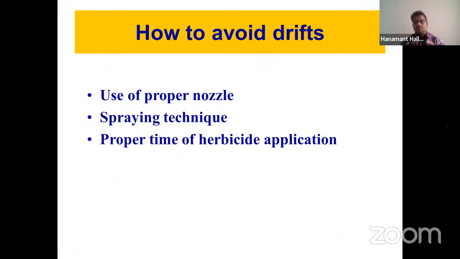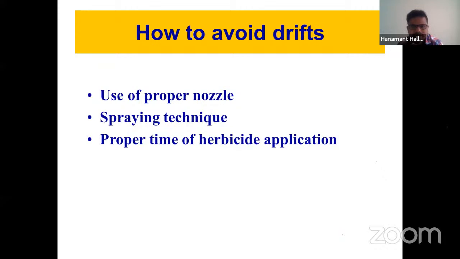Then how to avoid the drift? Drift means that while spraying herbicides, we get the effect of herbicides on some other crops. That is mainly due to the drift effect. Here we are spraying small droplets of herbicides, but because of wind and other movements, some of the minute droplets will also affect the adjacent crops.